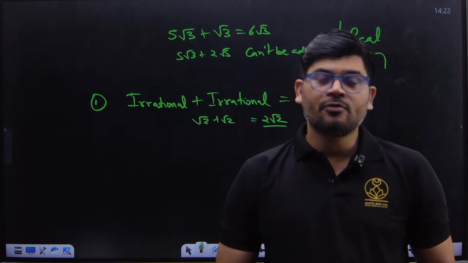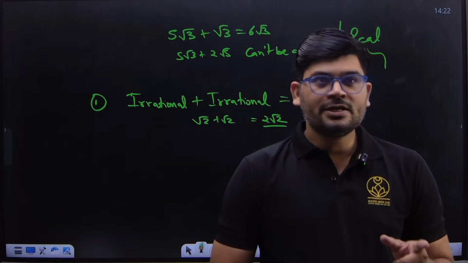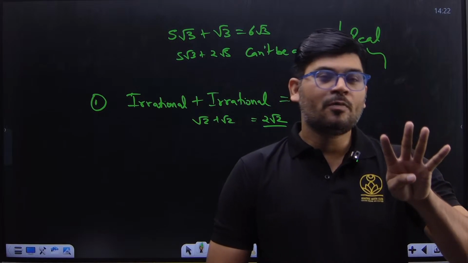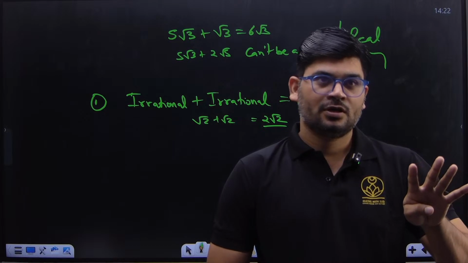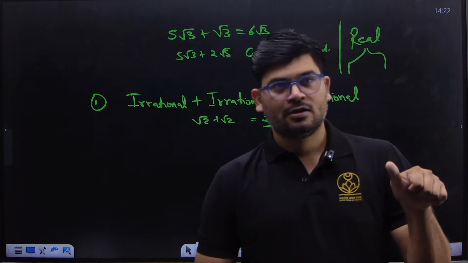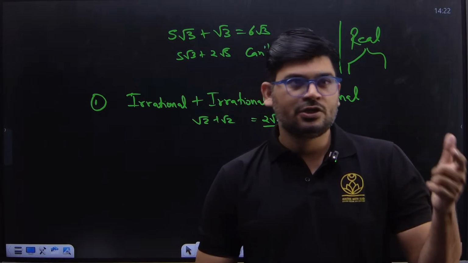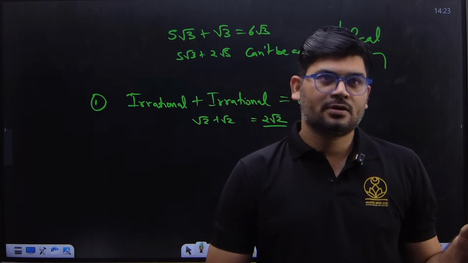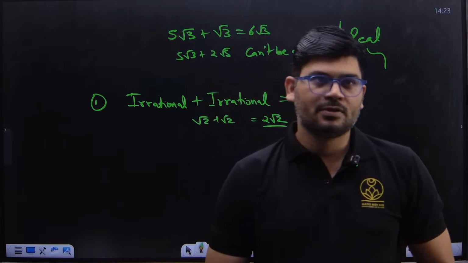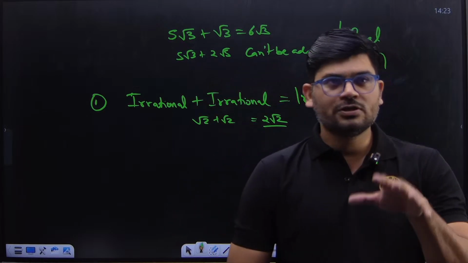Second property is commutative. Third property is associative. Fourth property is distributive. Fifth property is additive identity. You multiply a number by 0, you will get the same number. And multiplicative identity, you multiply a number by 1, you will get the same number. Okay, you know all these properties?